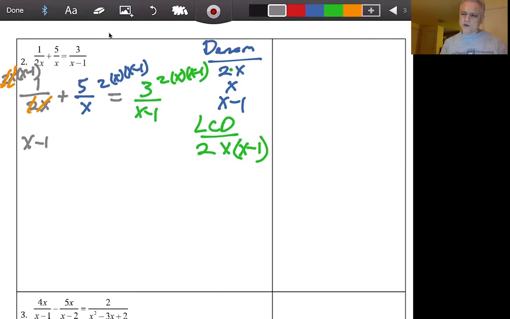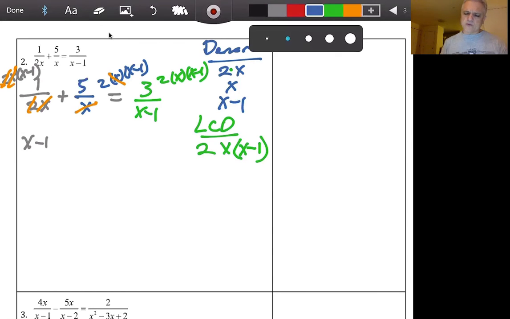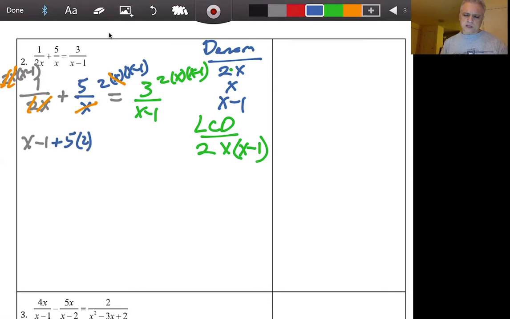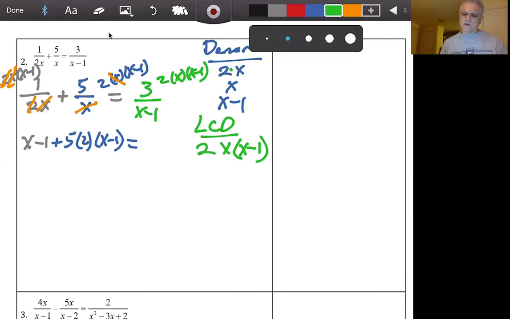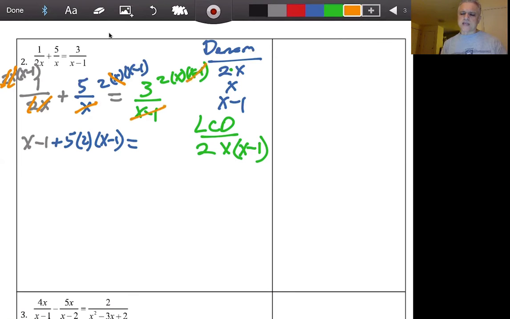For the blue one, if I multiply 5 over x by my LCD, the x cancels the x, so I'm left with 5 times 2 times x minus 1. For the green one, when I multiply by 2 times x times x minus 1, the x minus 1's cancel, leaving me with 3 times 2 times x.